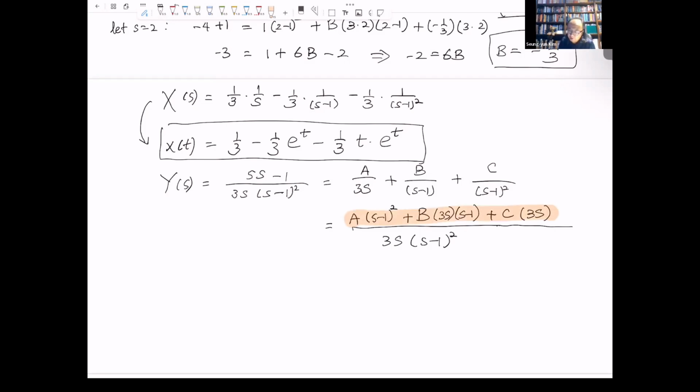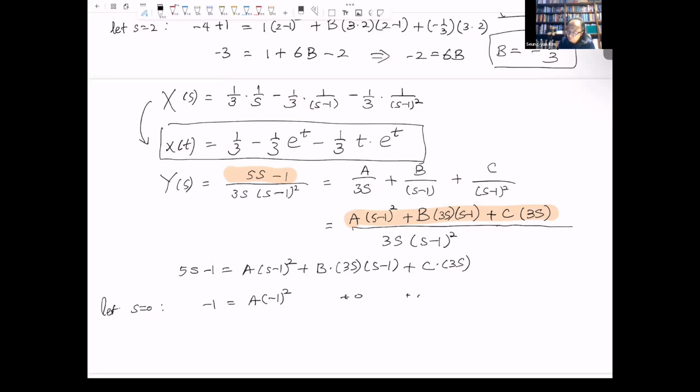And this numerator should be equal to this numerator. Therefore, I'm going to write 5s minus 1 equals A times (s minus 1) squared plus B times 3s times (s minus 1) plus C times 3s. Let s equal 0, then negative 1 equals A times negative 1 squared plus 0 plus 0.